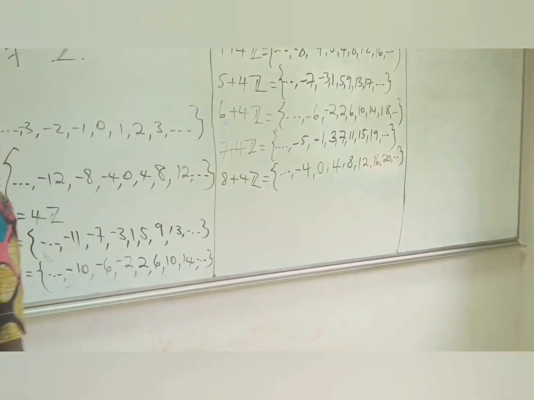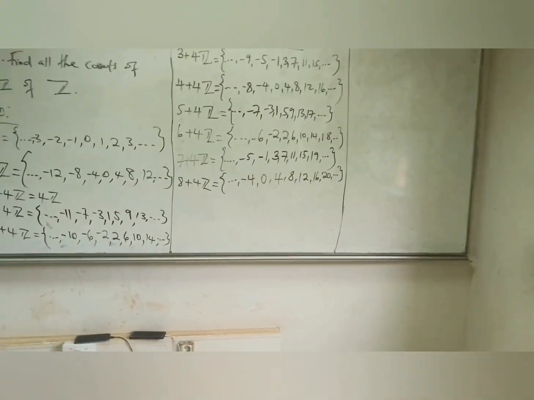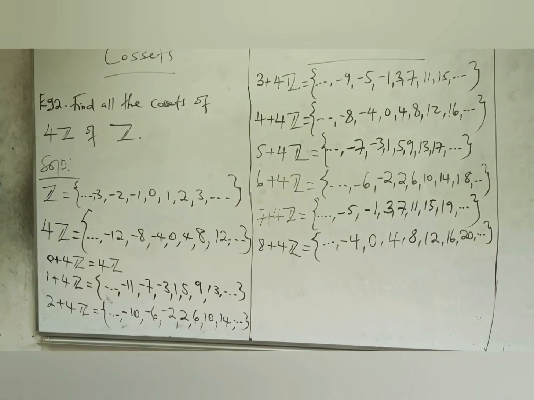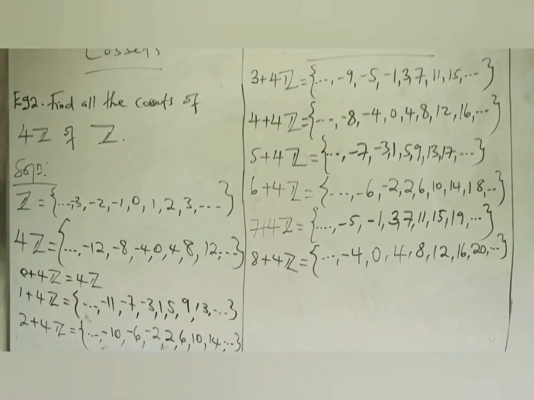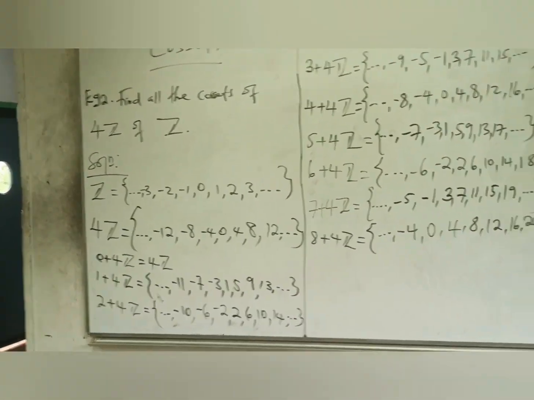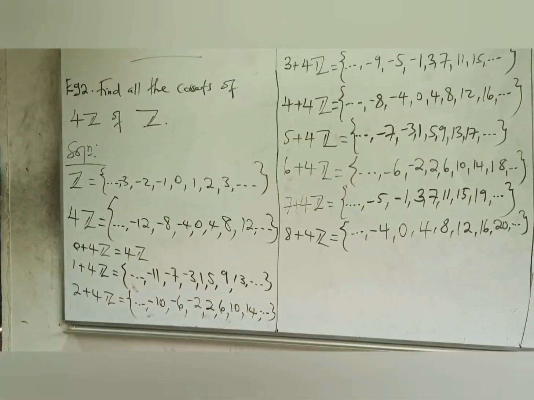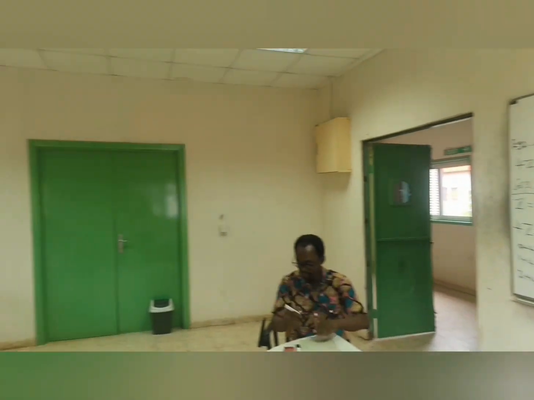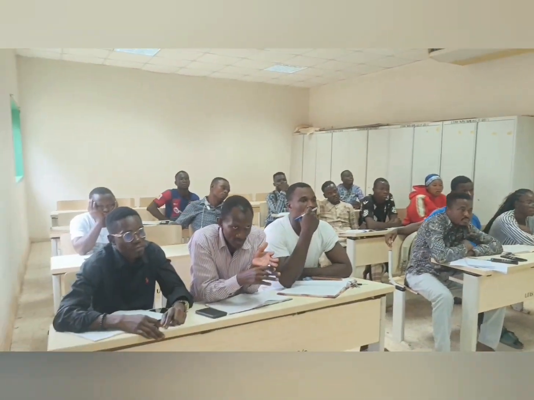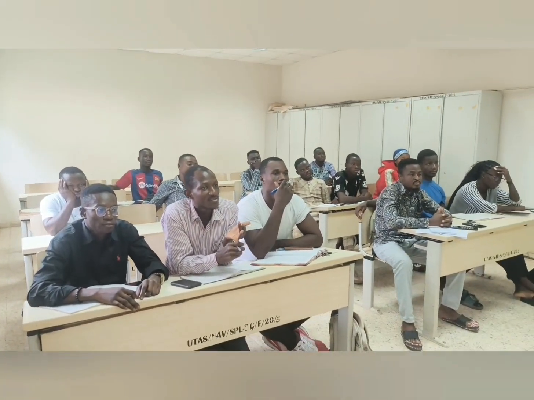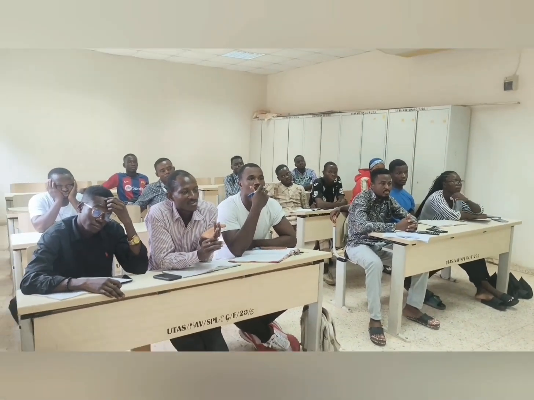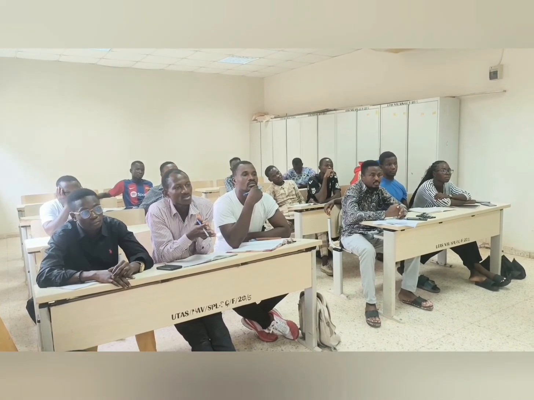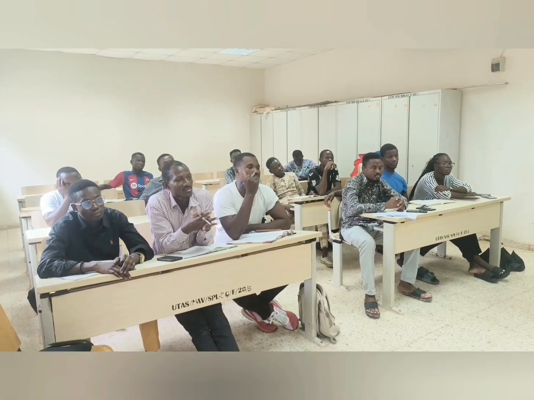It's not repeated. So what have you observed? On the negative side, the left side, what are we seeing? Is it diminishing or increasing? The positive integers are increasing, whilst the negative integers are diminishing.